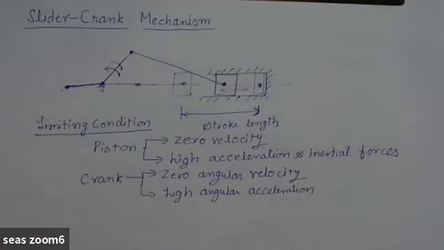And you should also keep in mind that when the velocity becomes zero and the acceleration is very high, then because of that acceleration the inertial forces become very large in the system. If the inertial forces are very large, that is very catastrophic for the system, and the system may fail at these limiting conditions. When I say the system may fail, it means that structural integrity may fail, or there may be a lot of strain, or the parts may just break down. So all these things may happen when the limiting condition is there.